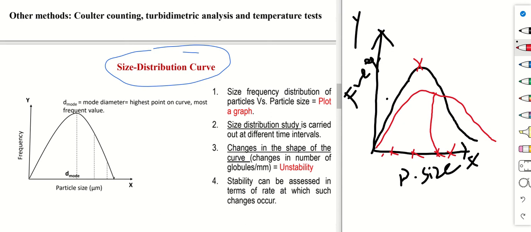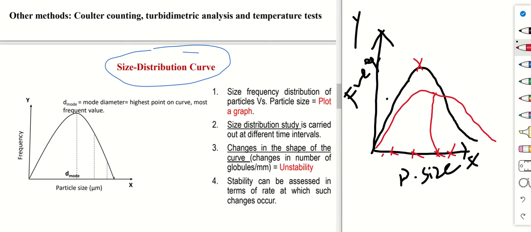We should make sure that the shape of the curve does not change. If we observe any changes, that represents a change in the number of globules and a change in the size of the globule. Hence, we can easily say the emulsion has become unstable. So, that is how we can estimate the stability by means of size distribution curve analysis with the help of the microscopic method.